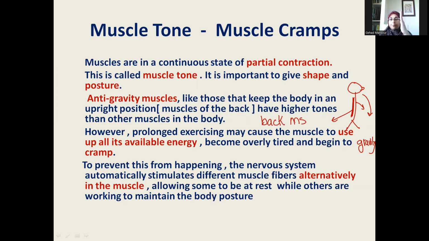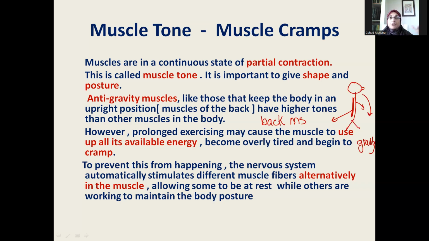So when you're upright, the main burden is on the anti-gravity muscles that lie at the back, and they are continuously in a state of partial contraction. That's why when you stand up for long, you need to lie on your back in order to have some relaxation, because when you lie on your back, your anti-gravity muscles no longer need to contract.